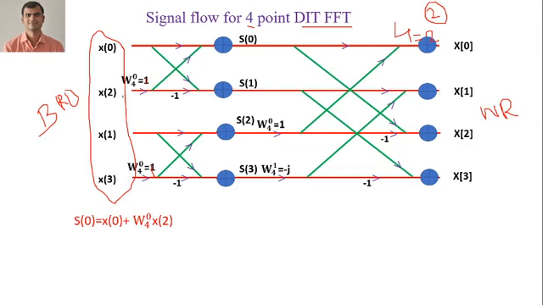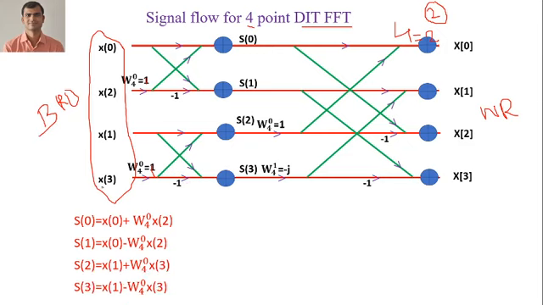Now the minus sign is there. So S1 is x of 0 minus W40 x of 2. Similarly for S2 we'll be having x of 1 and here W40 x of 3. So addition is there. And for S3 it is simply x of 1 minus W40 x of 3.